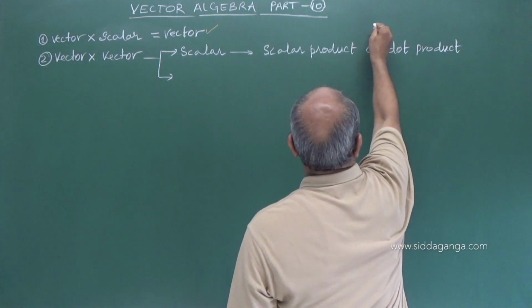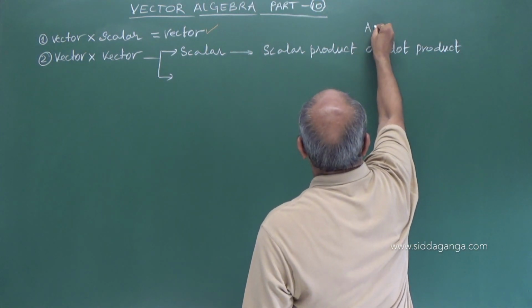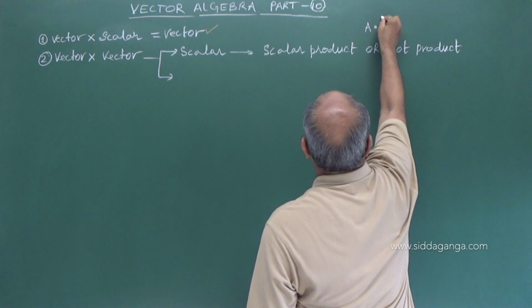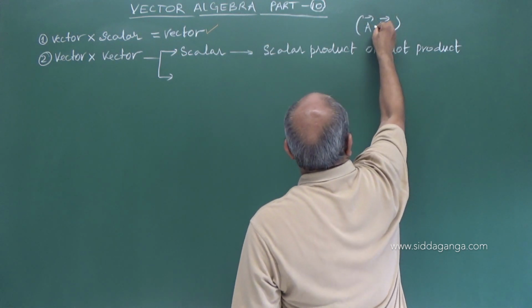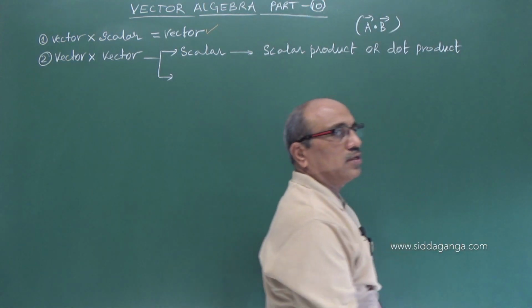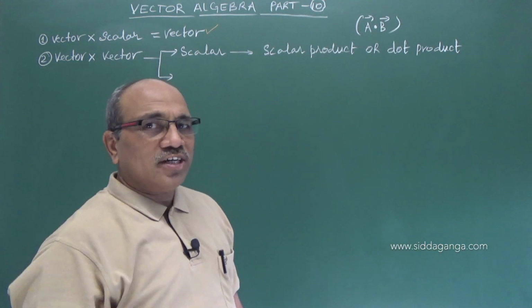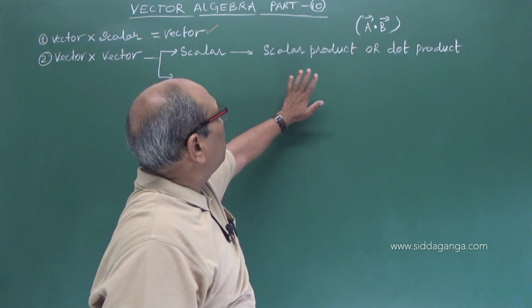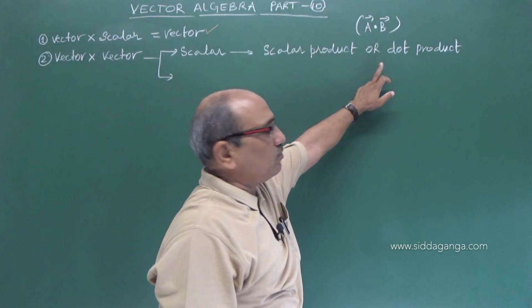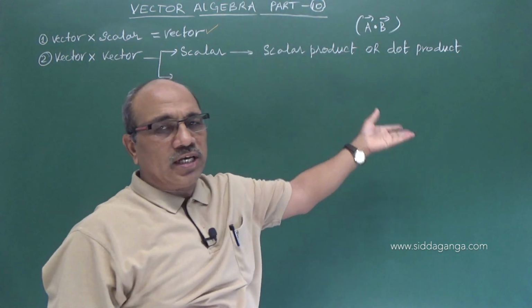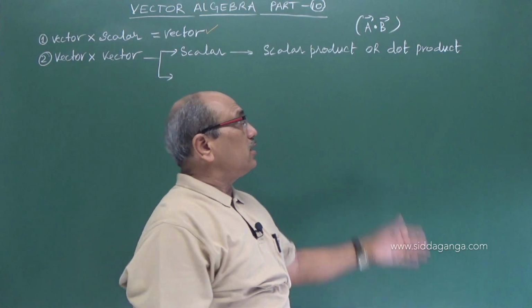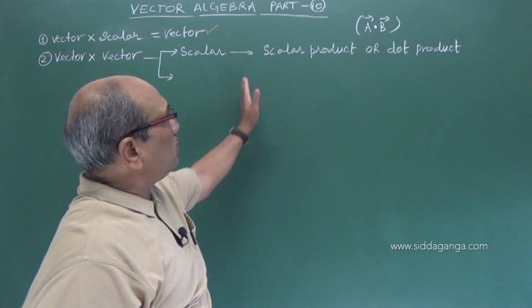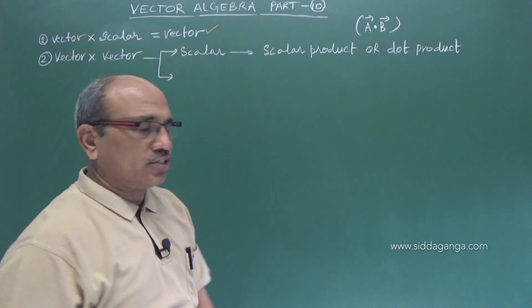Here vector A multiplied by vector B is written with the notation dot. Dot means not a dot, it is a product of one vector with respect to the other, which converts into a scalar, loses the direction and only magnitude remains. That is called a dot product or scalar product of two vectors.